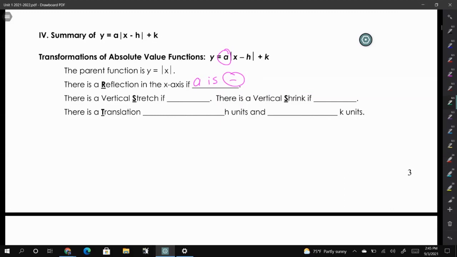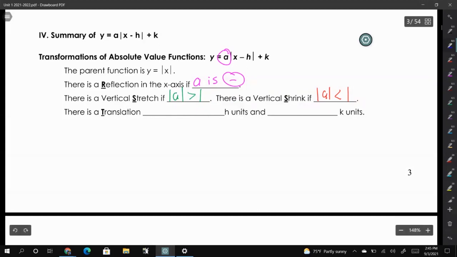Well, a vertical stretch happens if the absolute value of that A value is greater than 1. So if it was a 5 in front, you would have a vertical stretch. If it was a -3 in front of the absolute value brackets, that would still be a vertical stretch. A vertical shrink happens when the absolute value of that A term is less than 1. So 0.5, -2/3, you would have a vertical shrink.